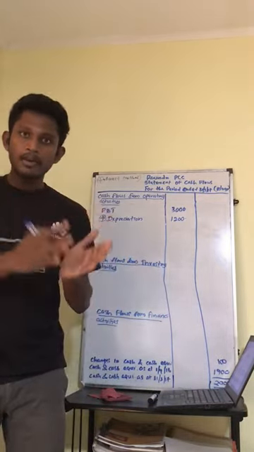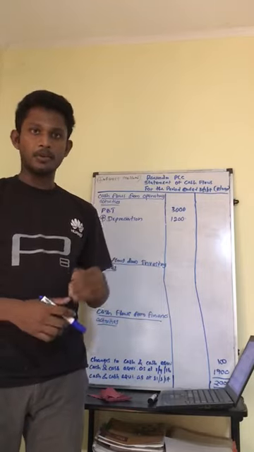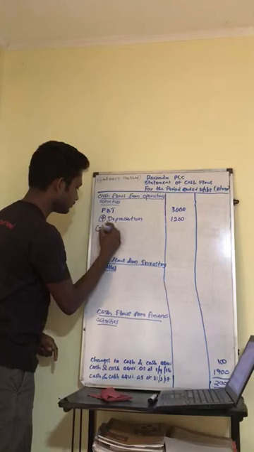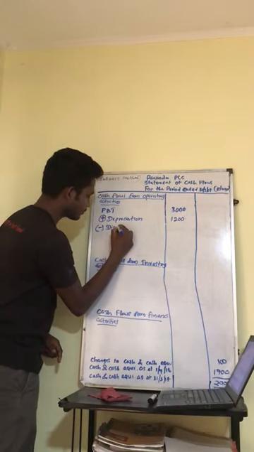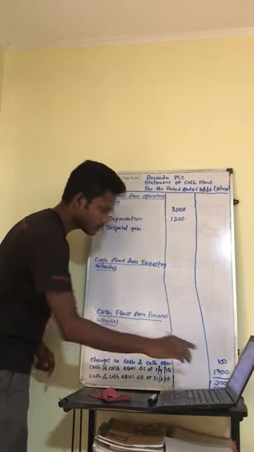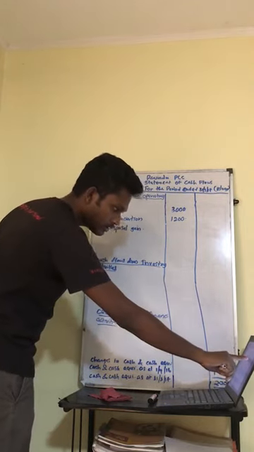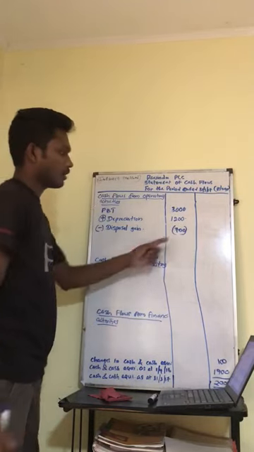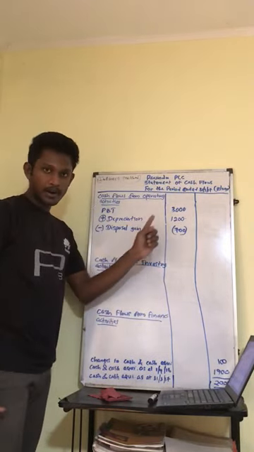So it should not be added here, it should be deducted because it has already been added. As per the question, the disposal gain is 700. Don't forget to put brackets here.